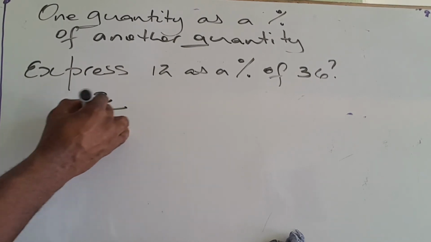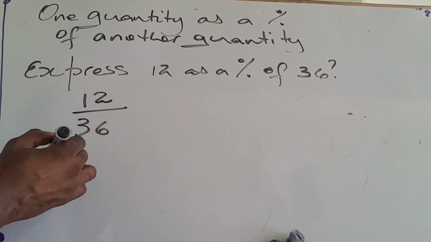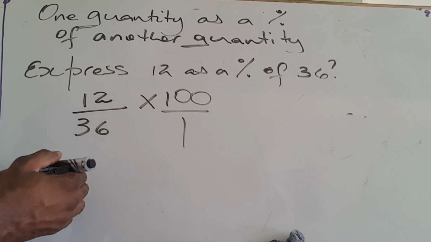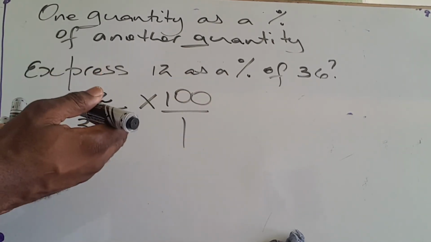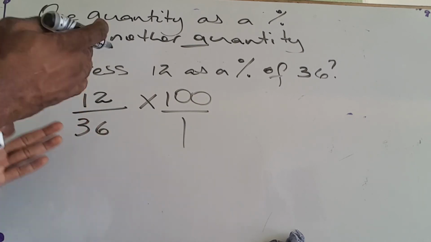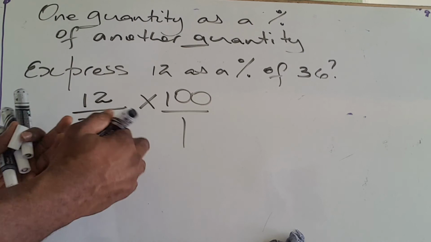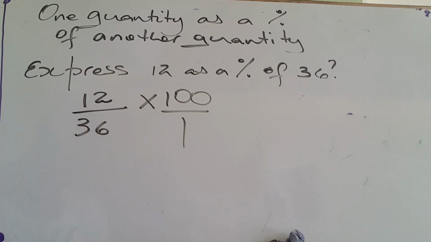12 over 36 as a fraction. And then we change this to percentage. Let's watch the narrative, right? Express 12 as a percentage of 36. When you relate 12 to 36, if we're rating that out of 100, what will we get?